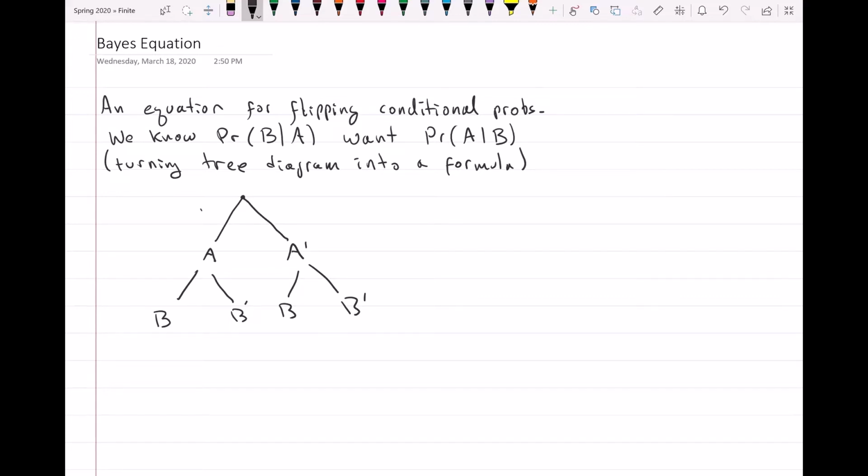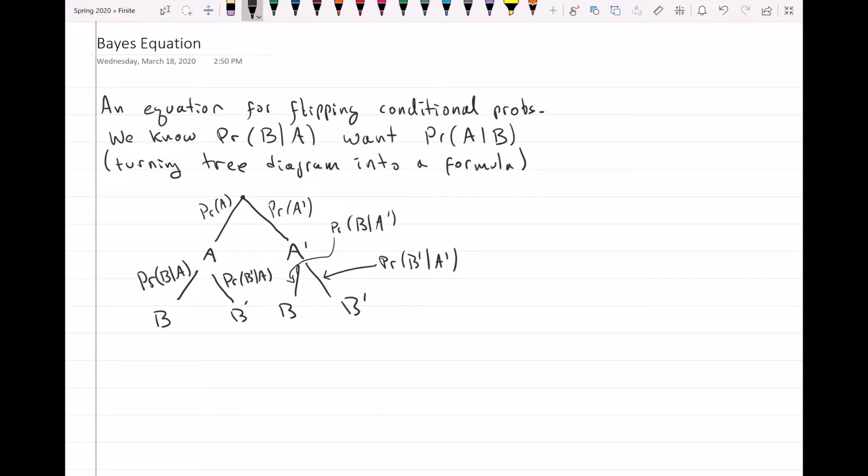Now the probabilities here are the probability of A, and then the probability of A complement, which is obviously just 1 minus the probability of A. And then for the second stage, this branch is the conditional probability of B given A, and the probability of B complement given A, etc. This one is the probability of B given A complement, and this one is the probability of B complement given A complement.